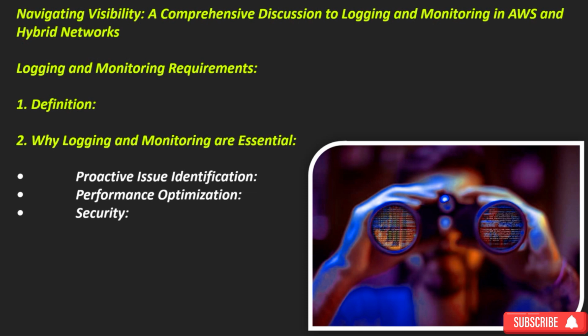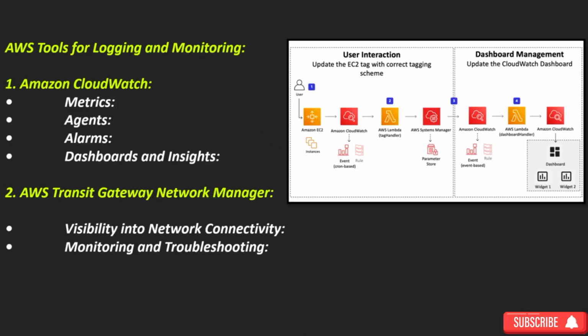So what are the AWS tools for logging and monitoring we have to discuss now? Starting from Amazon CloudWatch: according to metrics, CloudWatch provides a wide array of metrics for various AWS resources, helping you understand the performance of your applications and infrastructure. The CloudWatch agents collect logs and metrics from EC2 instances and on-premises servers, ensuring comprehensive monitoring.